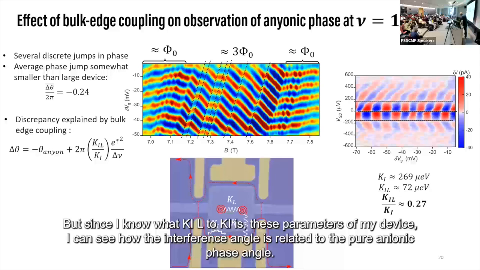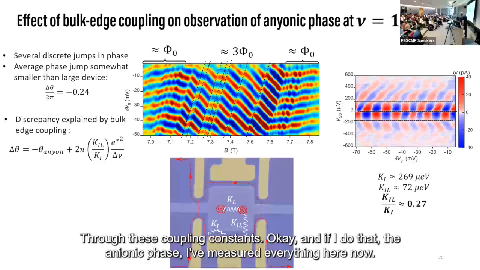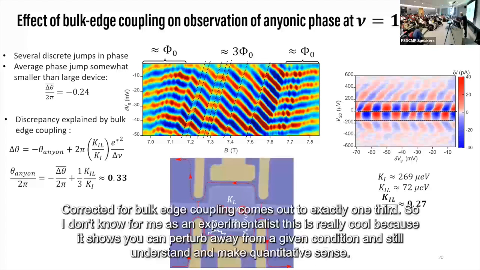But since I know what KI and KIL are, these parameters of my device, I can see how the interference angle is related to the pure anyonic phase angle through these coupling constants. Okay, and if I do that, the anyonic phase, I've measured everything here now, corrected for bulk edge coupling, comes out to exactly 1/3.